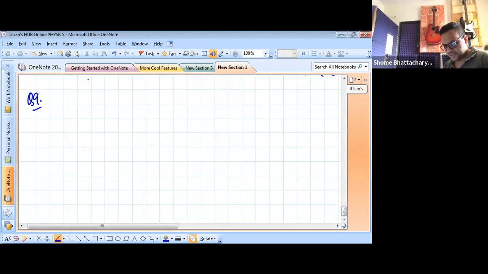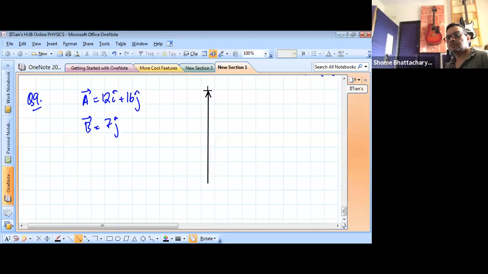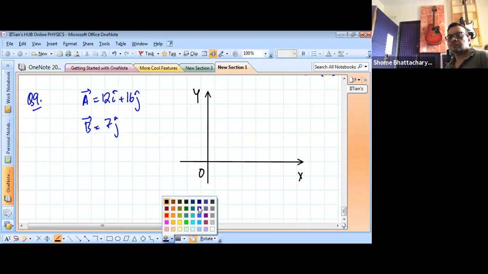So question 9, vector A is given to us as 12 i cap plus 16 j cap, and vector B is given to us as 7 j cap. So actually we can directly see here that the angle will be 37. Even if you can't see that, you have the dot product method. Why you can directly see the angle here is because it's in the xy plane, so you can visualize the vectors. You don't need to do any calculation. Vector A will be like this.